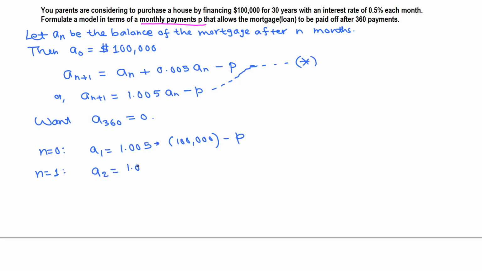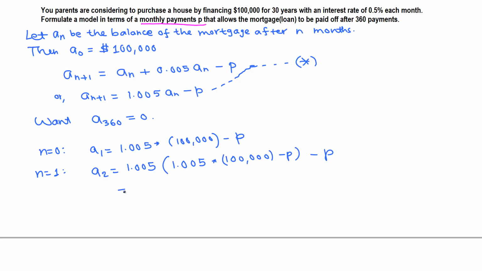That is 1.005 of A_1, which we found in the previous line, which is 1.005 times 100,000 minus P, that's A_1, minus P. We are basically plugging in n equals 1 here.